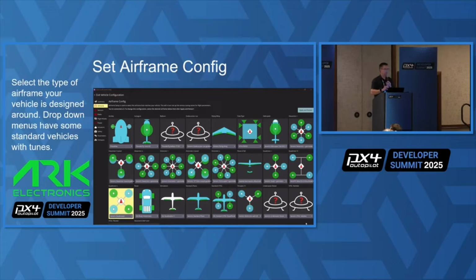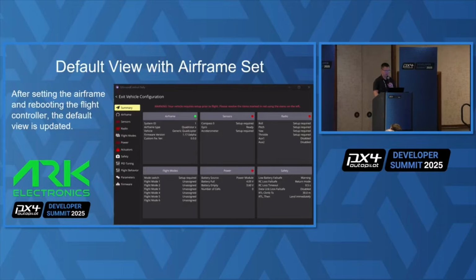So if you have a standard airframe that you're building and selling to people, you can upstream that into the airframe's config file, and that'll show up in this drop down. Or if you have a private fork, you want to put it in there and run it, it'll show up there.